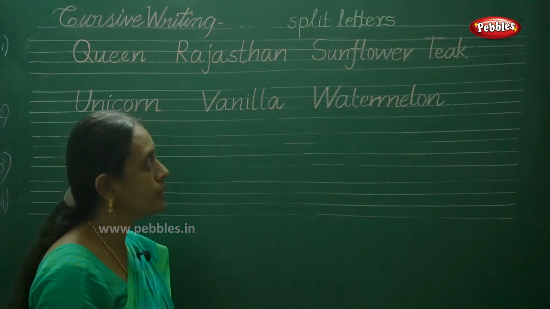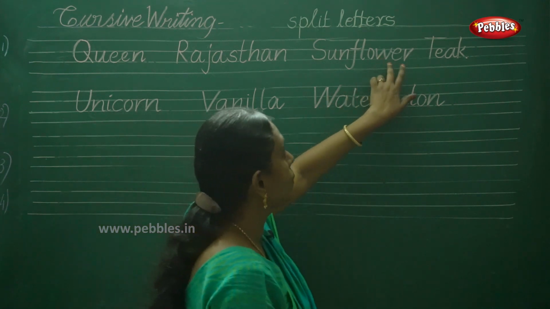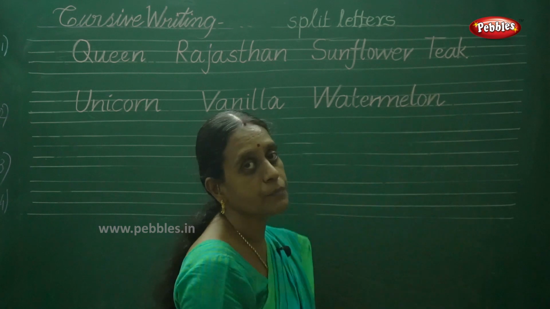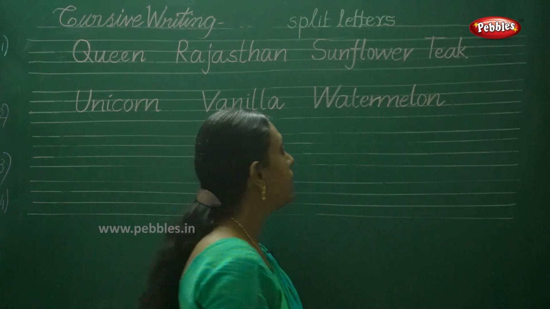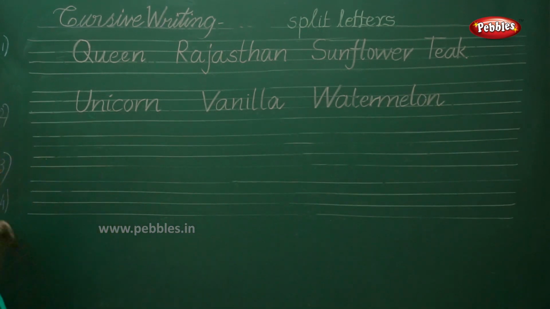Spacing is very important, and don't overlap each alphabet with another. Avoid overlapping. Okay. Watermelon.